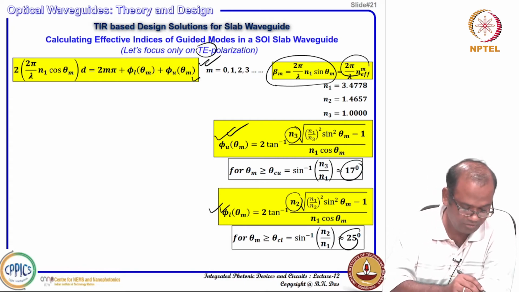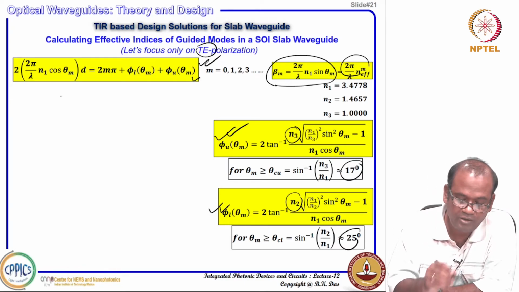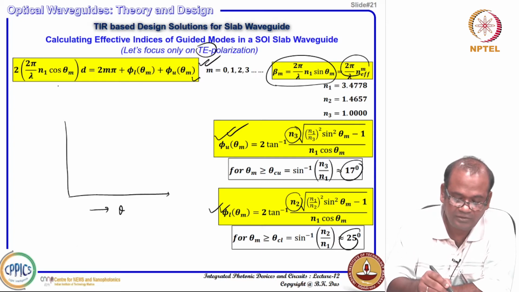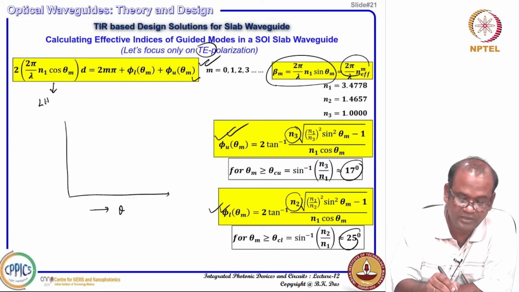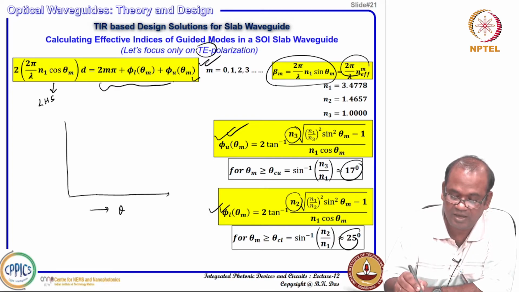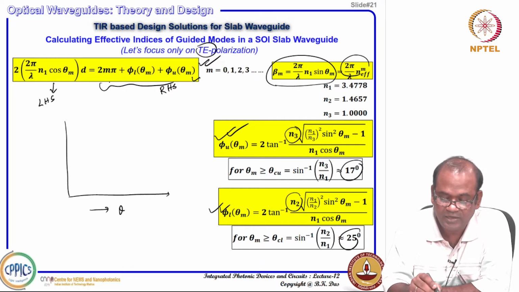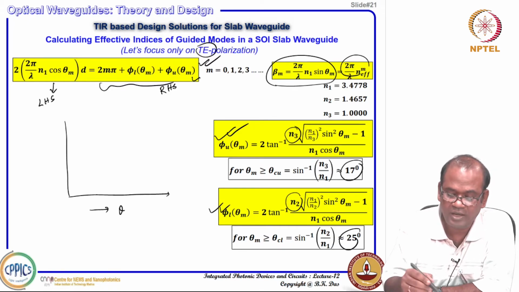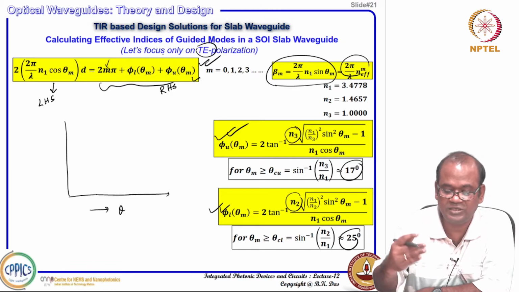Now, I can plot a figure, where this axis is theta, this I can call the left hand side, and this entire thing I can call the right hand side. For the right hand side I have different values: m equal to 0 gives one right hand side, m equal to 1 gives another, m equal to 3 another, m equal to 4, any number you put, the right hand side is changing.